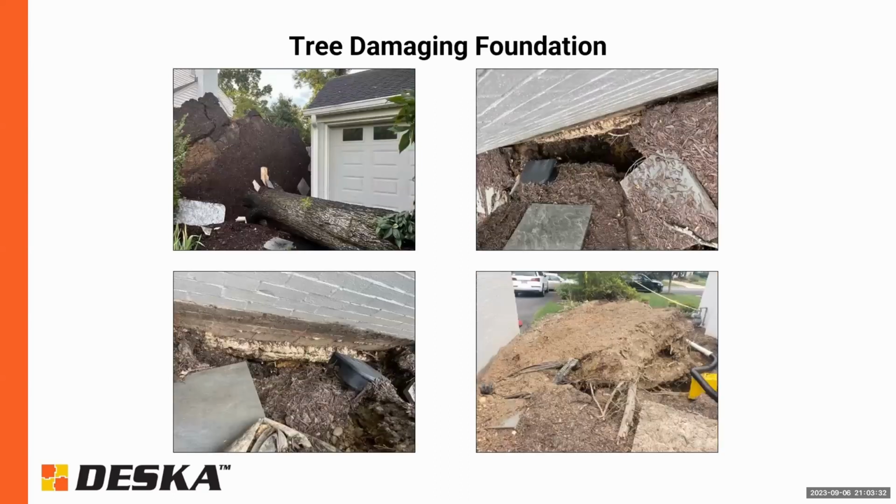So here's an example of a tree that had fallen nearby a house. Luckily, it just missed the home, didn't cause any serious damage to the superstructure of the home. However, you can see that the root structure of the tree was pulled out of the ground, and you can see that there's some potential undermining along the footing here, along this garage foundation.